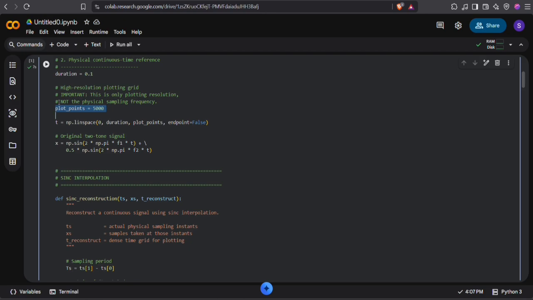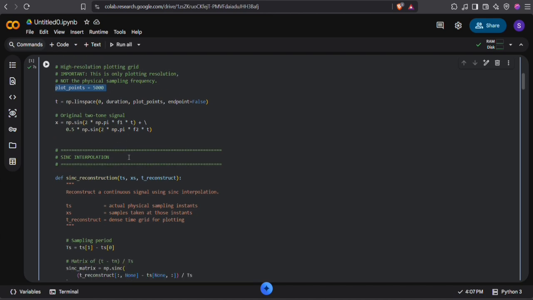Plot points is 5000. But this is not the physical sampling frequency. This is only used to make the reference waveform smooth when I display it. The actual sampling frequency will be defined separately afterwards. So plotting resolution and physical sampling rates are kept separate in this implementation.